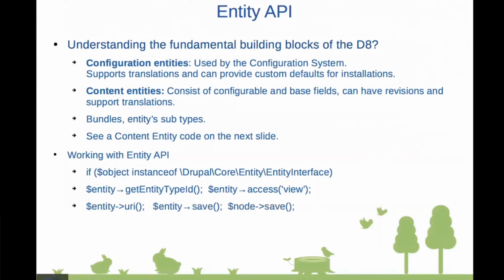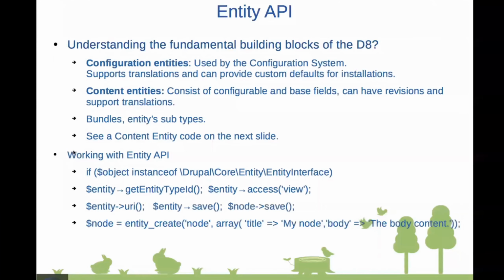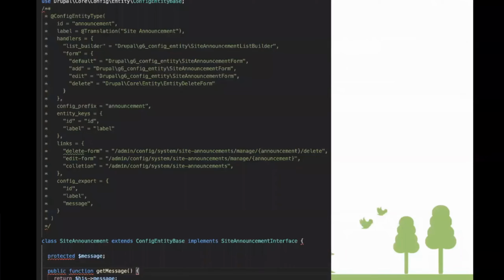Same thing for the content type, but not for user. So if it's a user, you cannot use node save. Now this is an entity create, just a line of code. You create a node, pass an array, title, something else. And you can also create a user the same way, node create. It's the same thing.